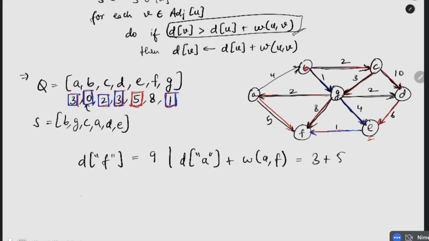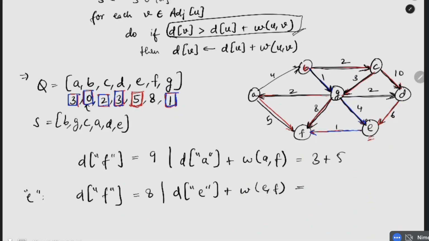And D for F, when we are looking at E, currently it is 8 and D of E plus the weight between E comma F is 5 plus 1, that is 6, right? So it is lesser than the current value. So we update F as 6, and then we mark E as visited, right?